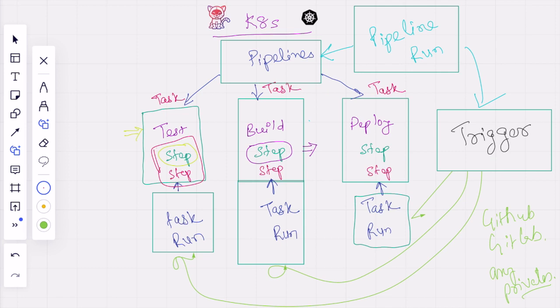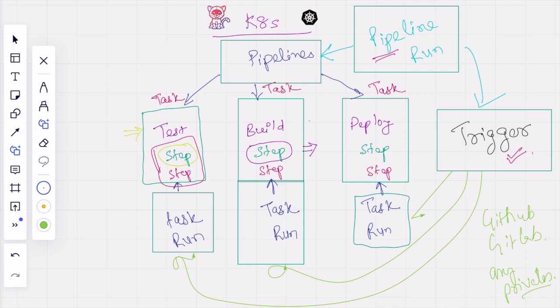Now pipelines consist of a chain of multiple tasks, and to initiate a pipeline we need a pipeline run. Even we can further automate the system, like for example pushing something or deploying a Docker image to a container registry. Then when we want to trigger the deployment process, we have a trigger. So this is the basic building block of Tekton.